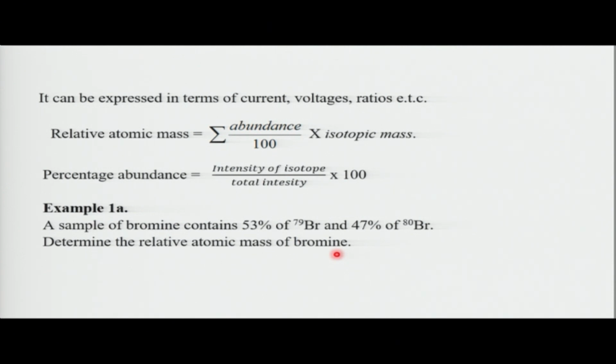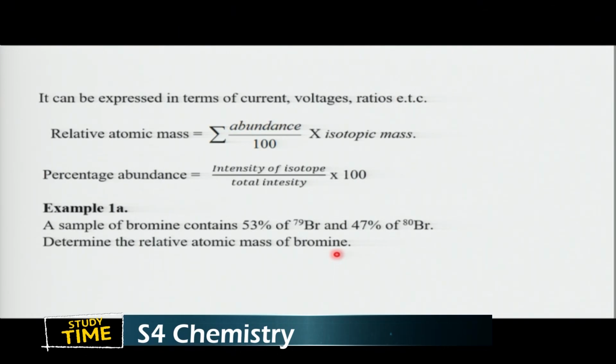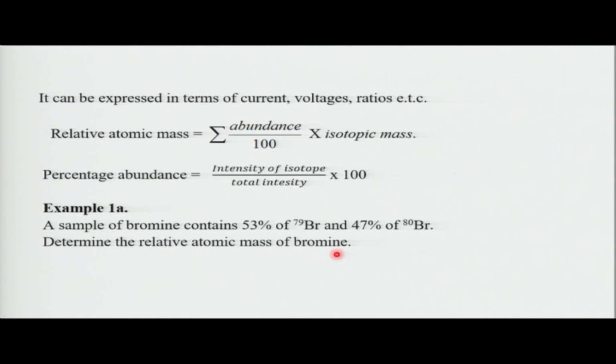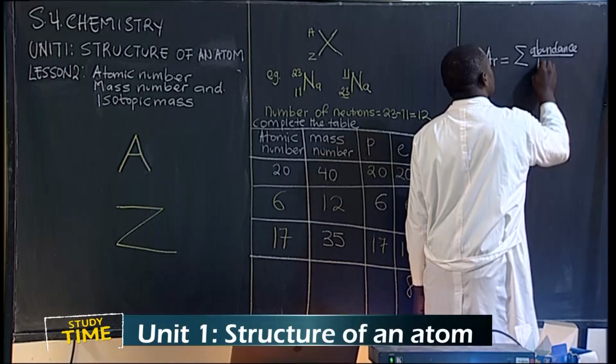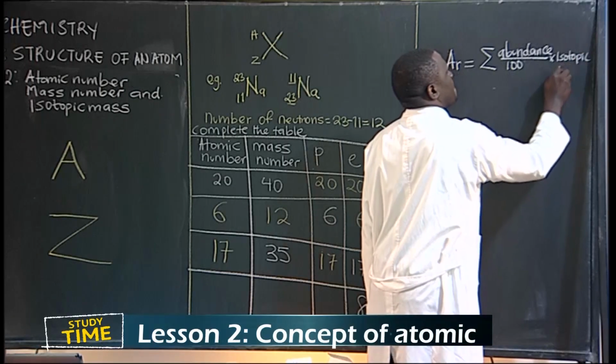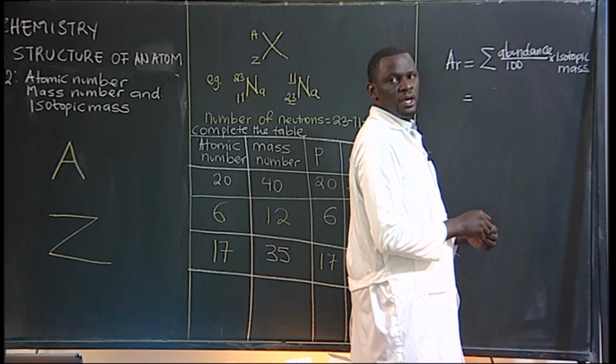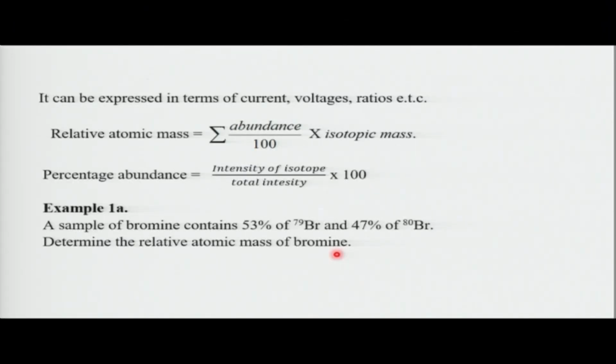Here, example 1a, our relative atomic mass will equal the summation of abundance divided by 100 times isotopic mass, which will equal, this time, 53 out of 100.